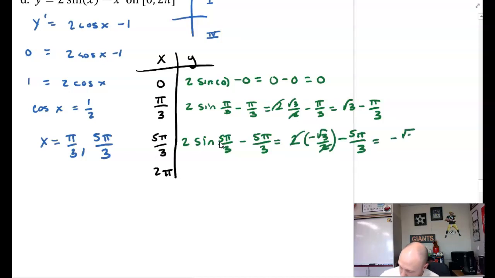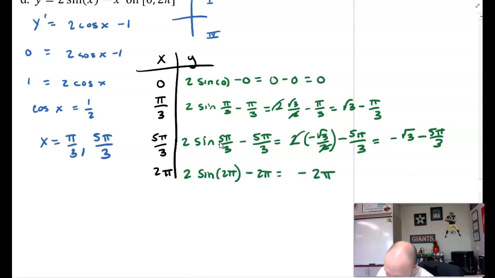So negative root 3 minus 5 pi over 3. And then we have 2 pi. So 2 sine of 2 pi, that's also going to be 0, but this time we're subtracting 2 pi, so we get negative 2 pi.